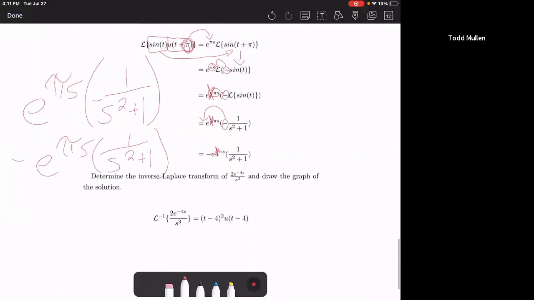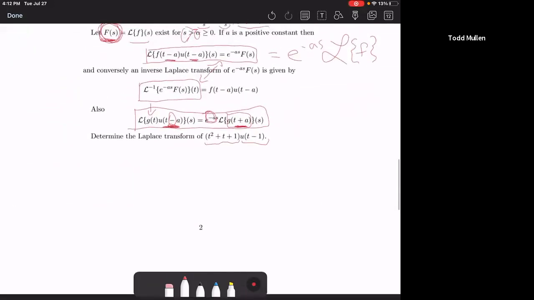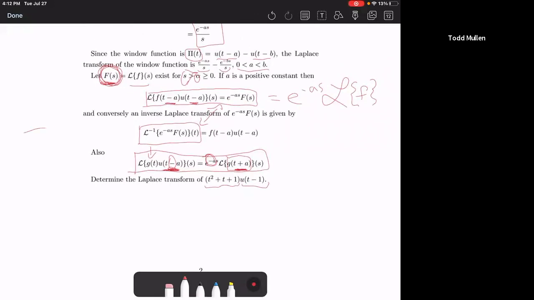Okay, our last example. Determine the inverse Laplace transform of 2e to the negative 4s divided by s cubed, and draw the graph of the solution. So we're going to go back to our identities because one of those spoke about inverse Laplace transforms. This one right here.